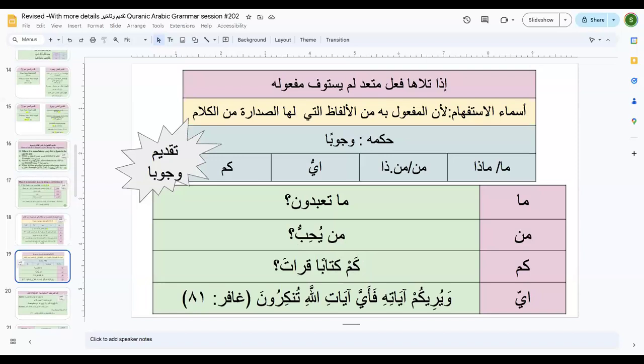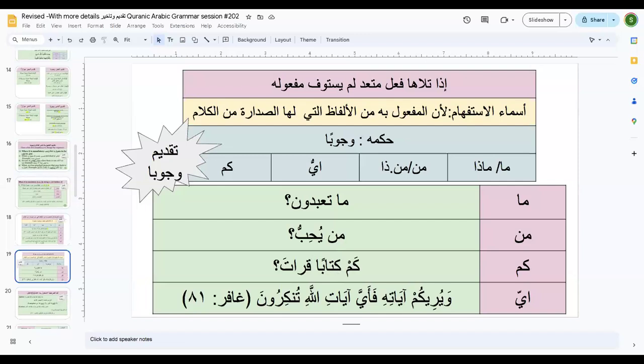Do you know how we find what is going to be the i'rab for our kam? What helps us determine the i'rab for kam? How do we know that this is going to be maf'ul bihi, or zarf muta'alliq bil fail, or something else? Yes, barakallahu fiki. You have to look at its tamyiz. If its tamyiz is answering your what question, if the tamyiz of kam is denoting ma, isn't it like ma?